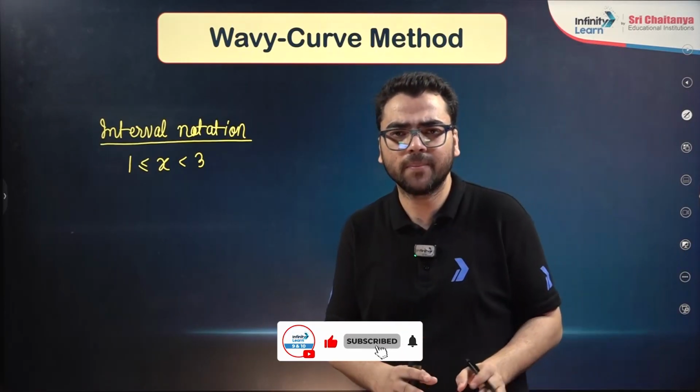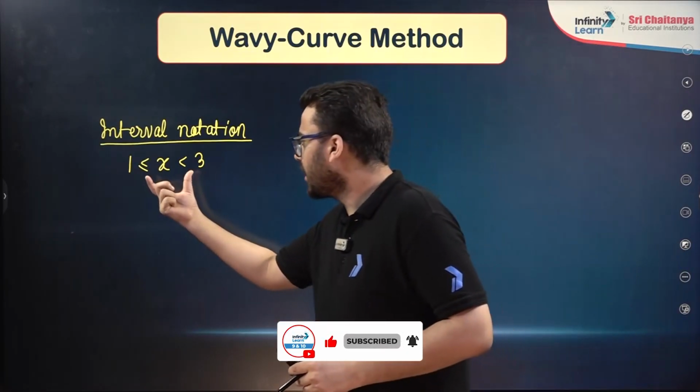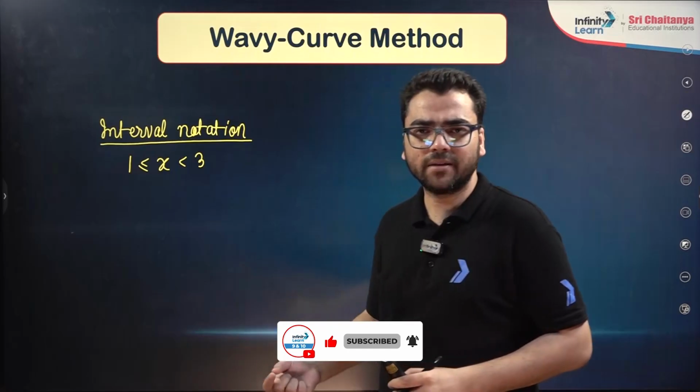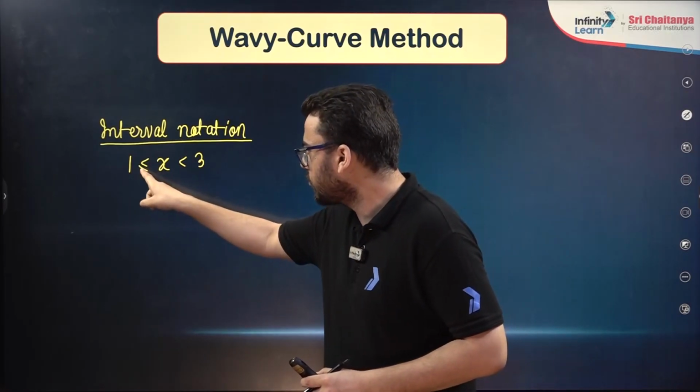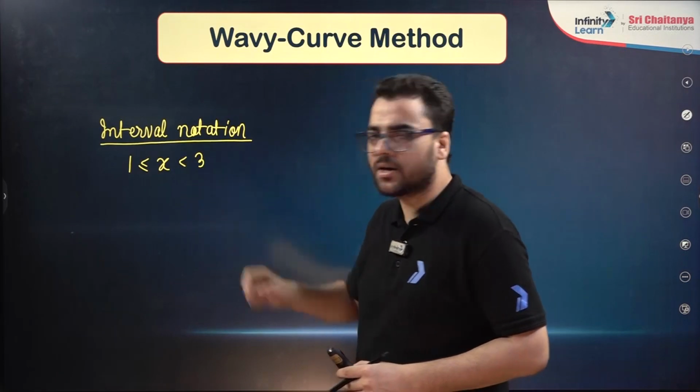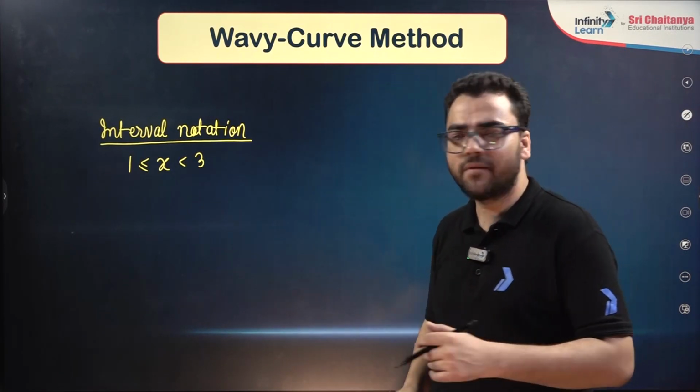X is a variable which can take all the values between 1 and 3, including 1 but excluding 3, because it is equal to over here and over here it's not equal to. So how can we represent it?